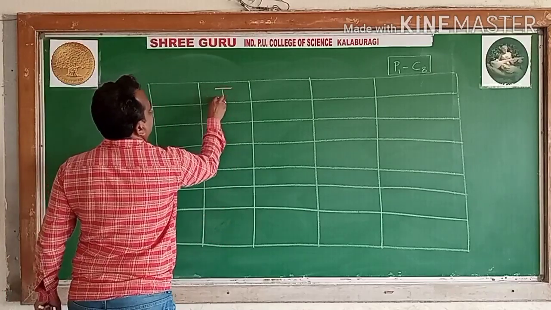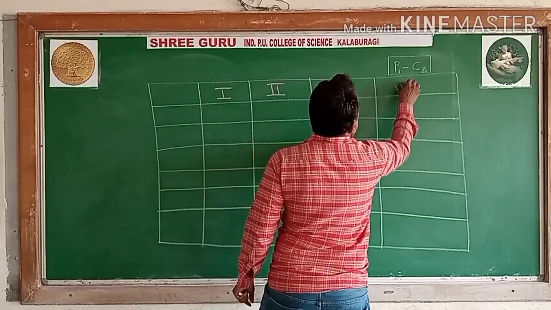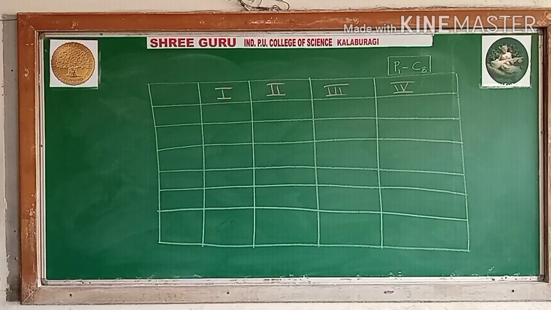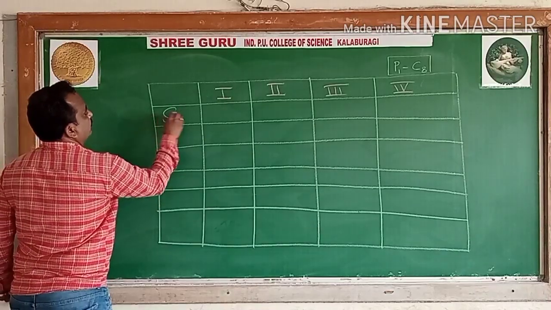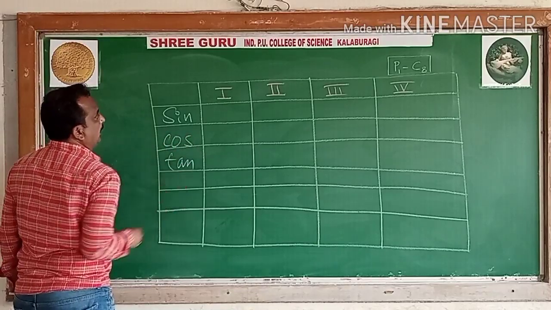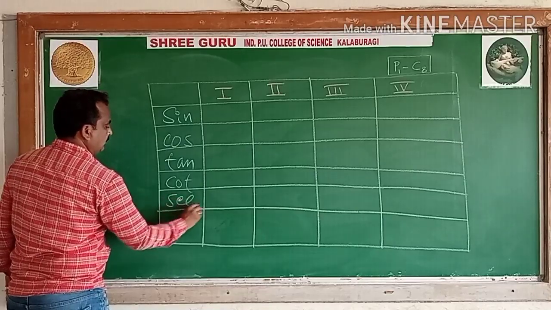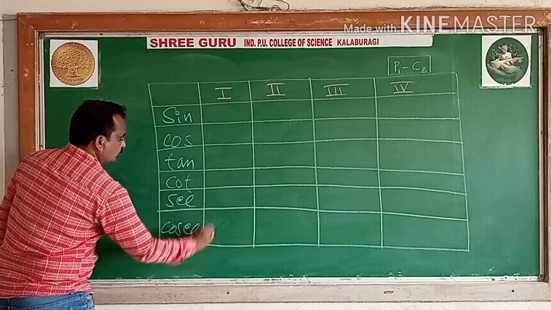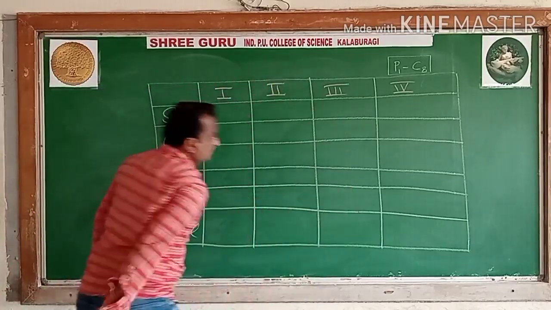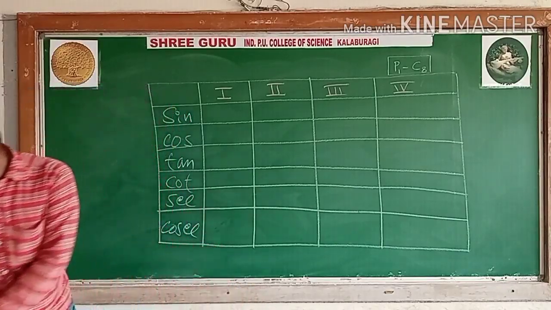With respect to the functions, see the functions, students: sine, cos, tan, cot, sec and cosec. What are they in the first quadrant, in the second quadrant, in the third quadrant and in the fourth quadrant?